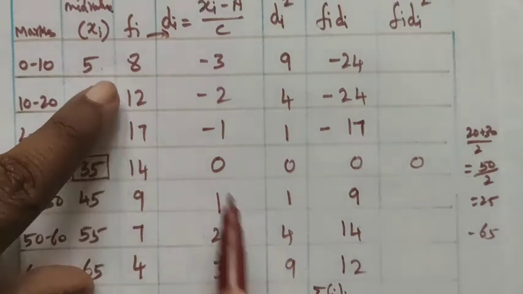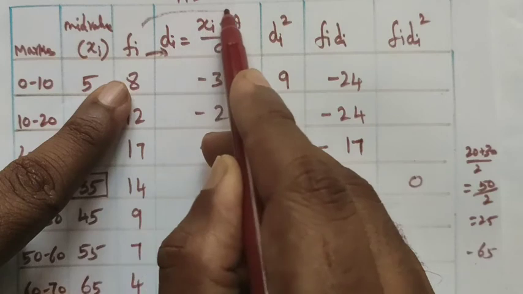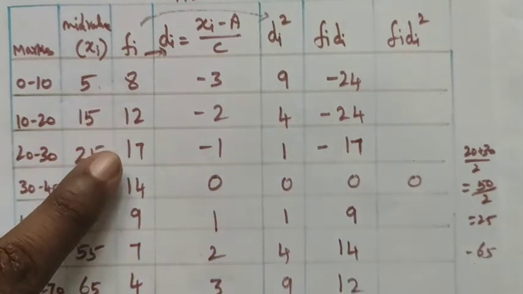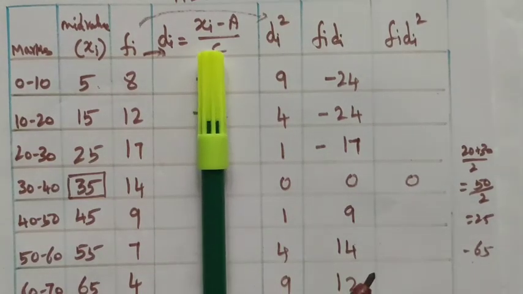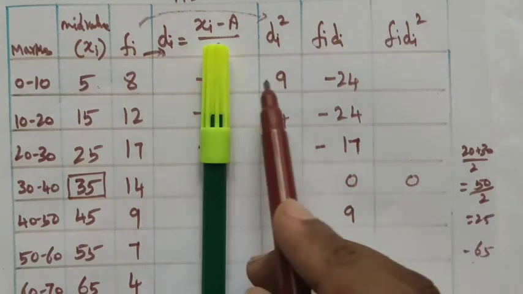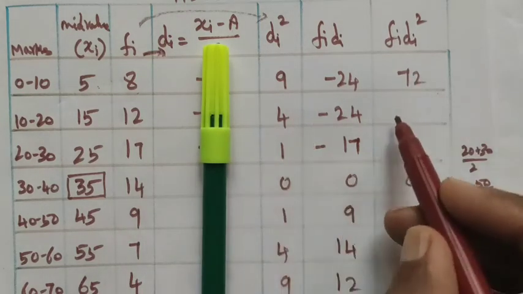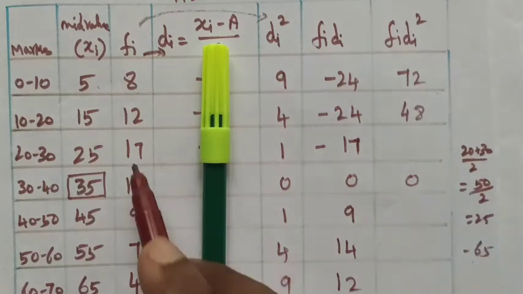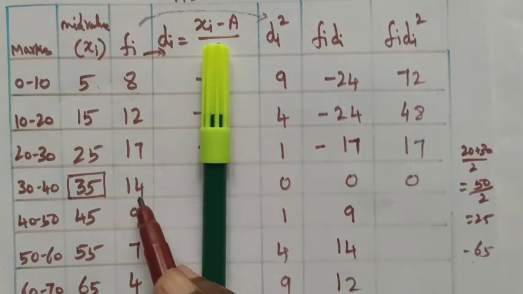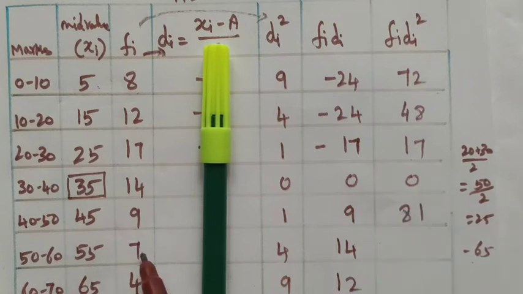Now we want to find out fi di square. See, here it is fi and then we have to multiply by di square. So here I just hide this. Now multiply these two terms. 8 9s are 72. 12 4s are 48. 17 1s are 17. 14 0s are 0. 9 9s are 81. 7 4s are 28.